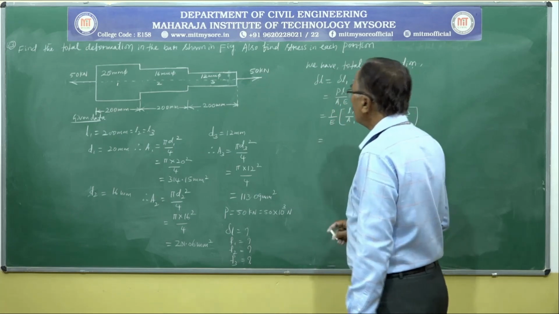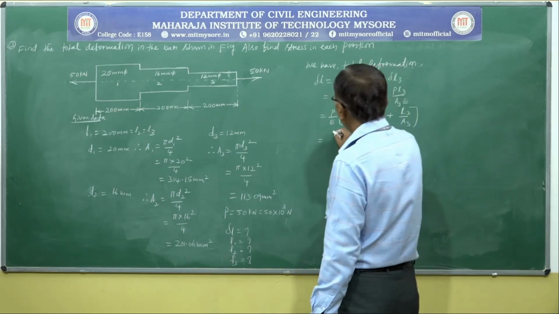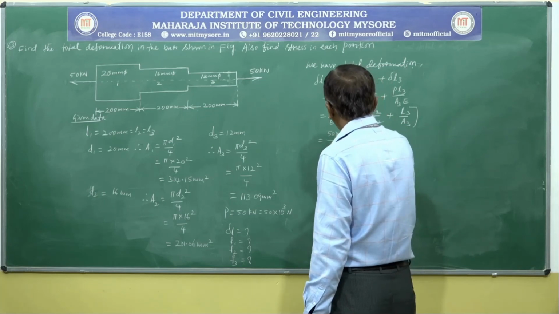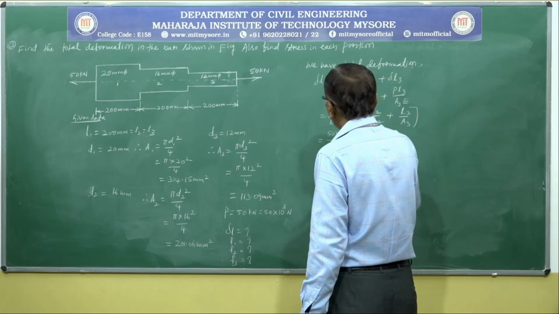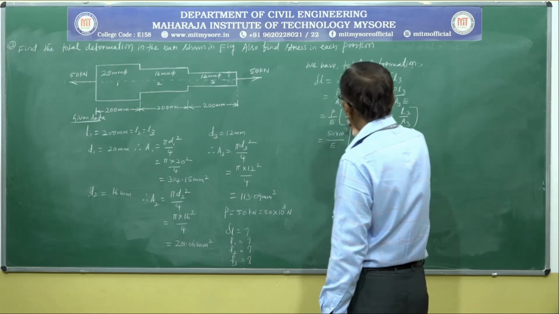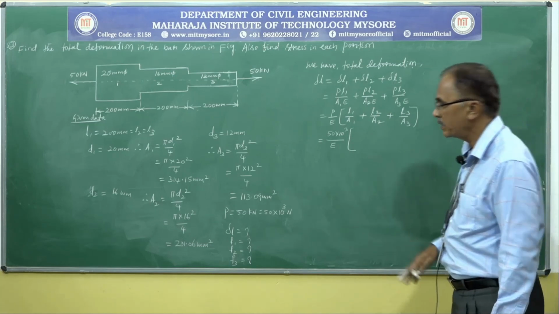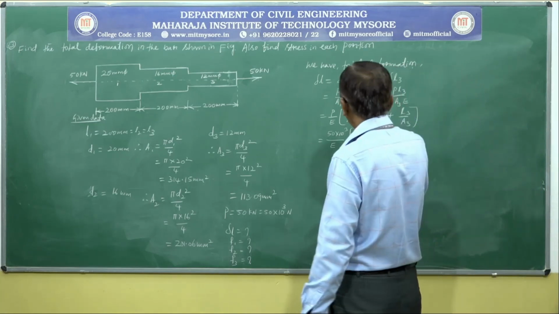If you substitute values here, P is 50 into 10 power 3, E as it is, into L1. Again, we could have taken L1 is equal to L2 is equal to L3 as a common factor, but no problem.